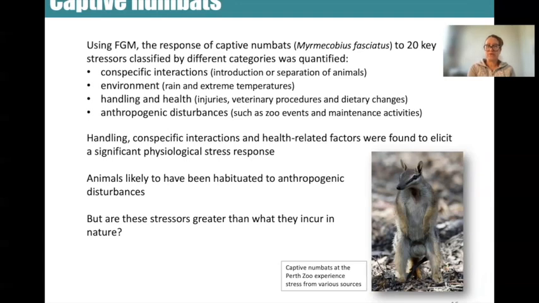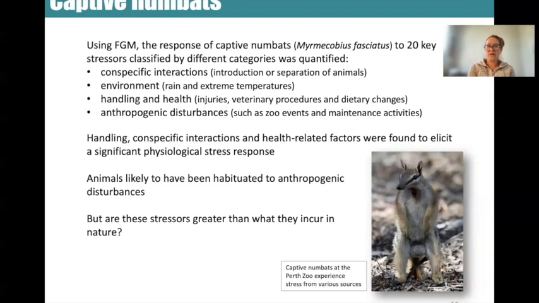There was an environmental category, another category that involved handling and health. So for example, any injuries or procedures that were performed on the animals. And then another category included anthropogenic disturbances, such as zoo events, because this captive breeding colony is held at the zoo. So zoo events or maintenance activities near or within the enclosures.